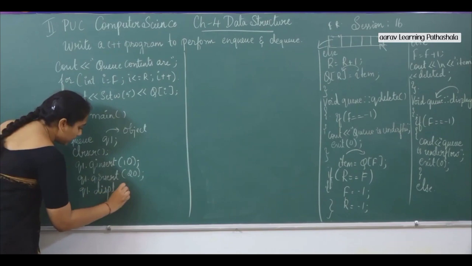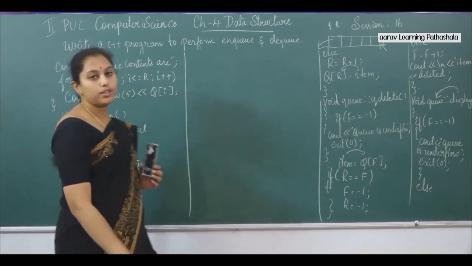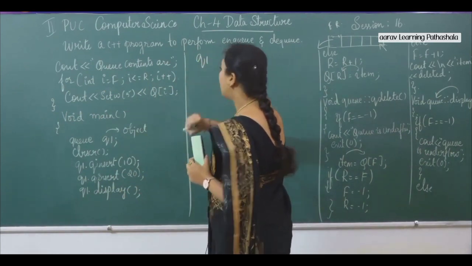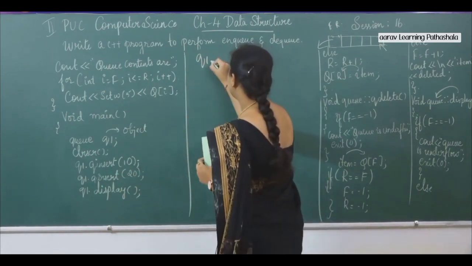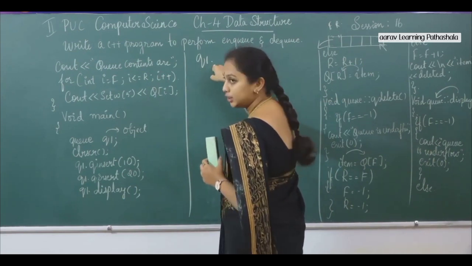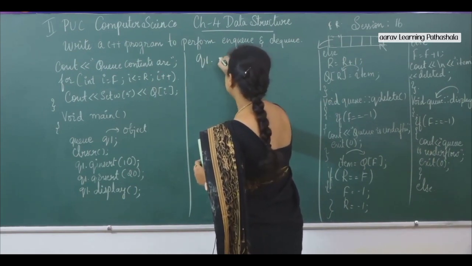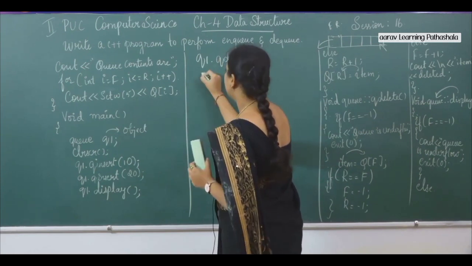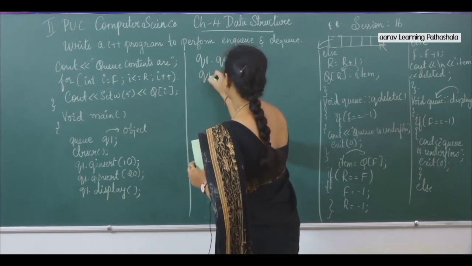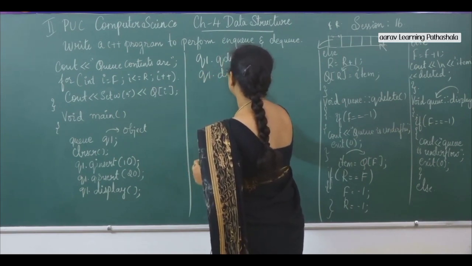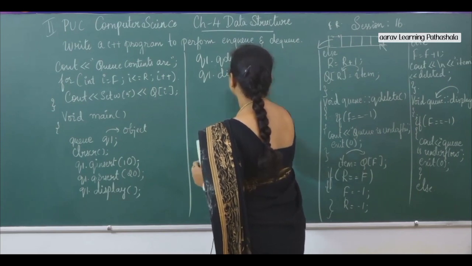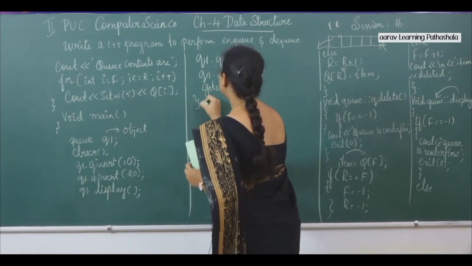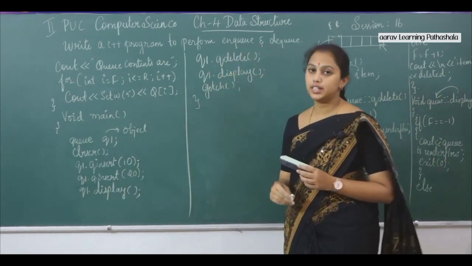Then I am going to delete an item from the queue by calling Q1.QDelete. Then I display the queue. The getch function is used to hold the display screen until the user presses any key on the keyboard.